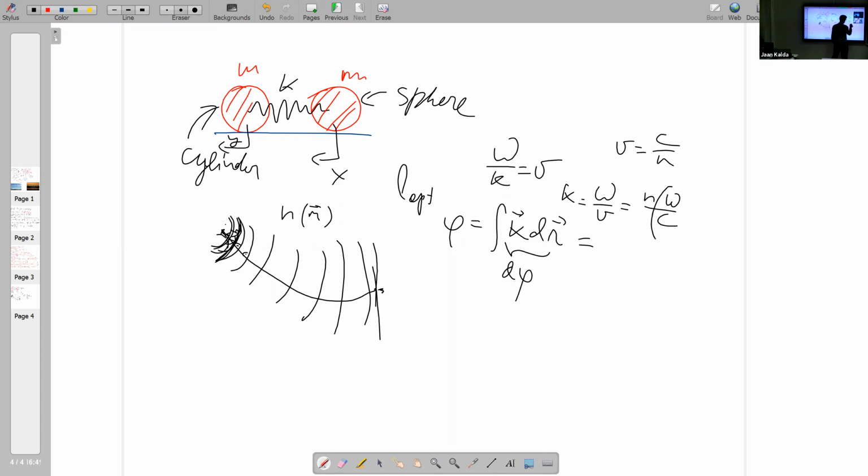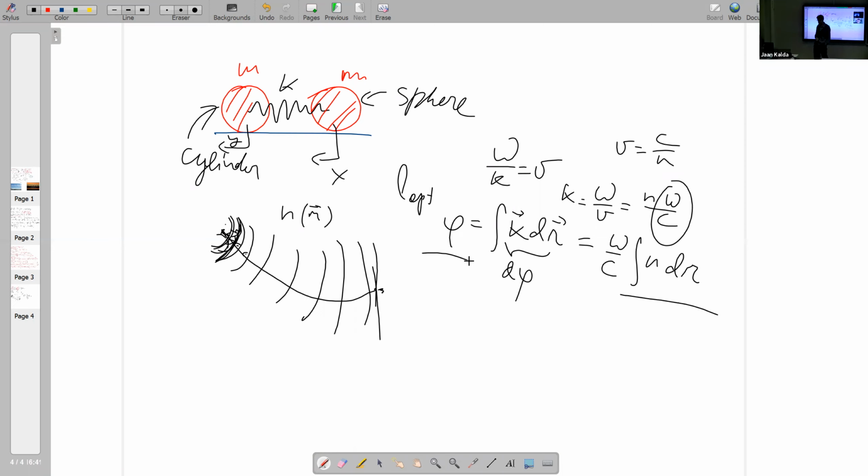But omega is constant and c is constant. So this becomes omega divided by c times the integral n dr. And so this is the optical path basically. So you can see that in order for the phase phi to be minimum, the optical path must be minimal.